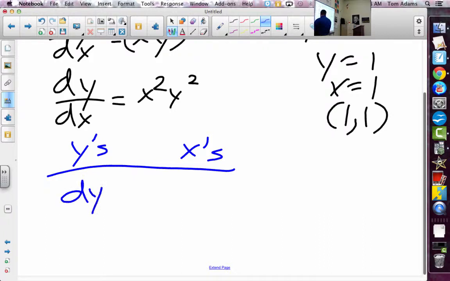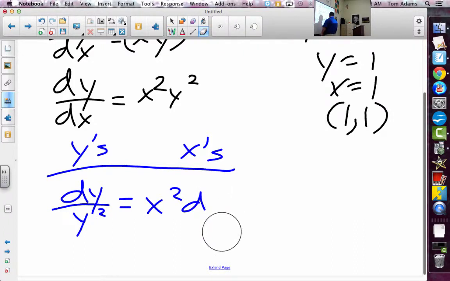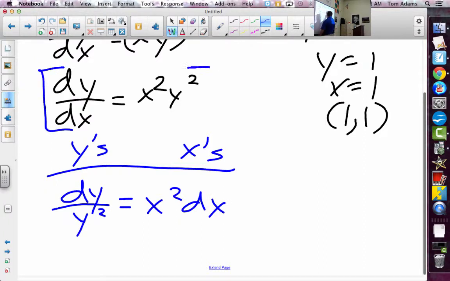I get dy over y squared is equal to x squared dx. Oops. And what I did is I just took this whole thing and I multiplied it by dx over y squared. Okay?